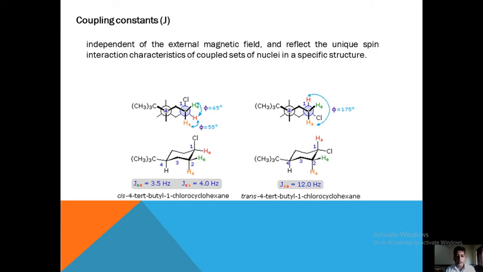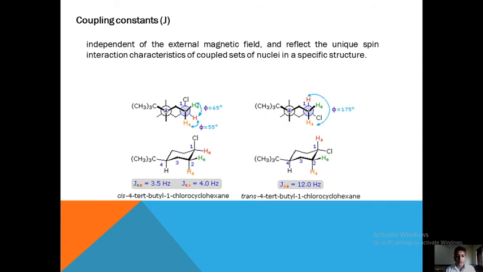The inductive effect of chlorine shifts the resonance frequency of the red colored hydrogens, these red colored hydrogens in the molecule, to the lower field, that is 4 delta, allowing them to be studied apart from the other hydrogens in the molecule.